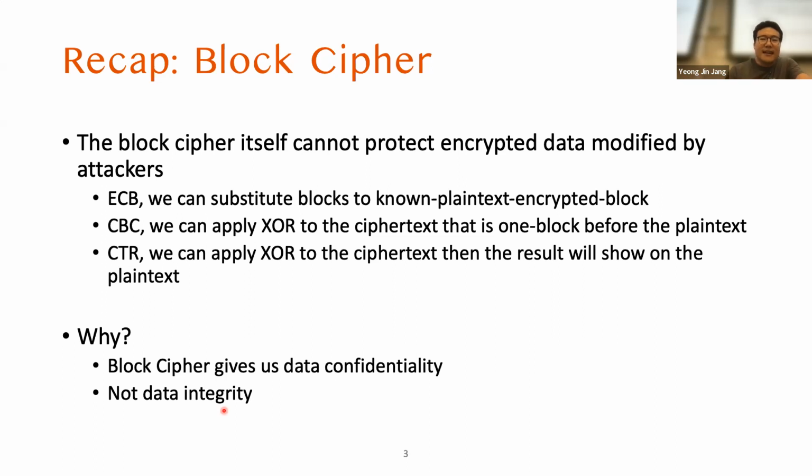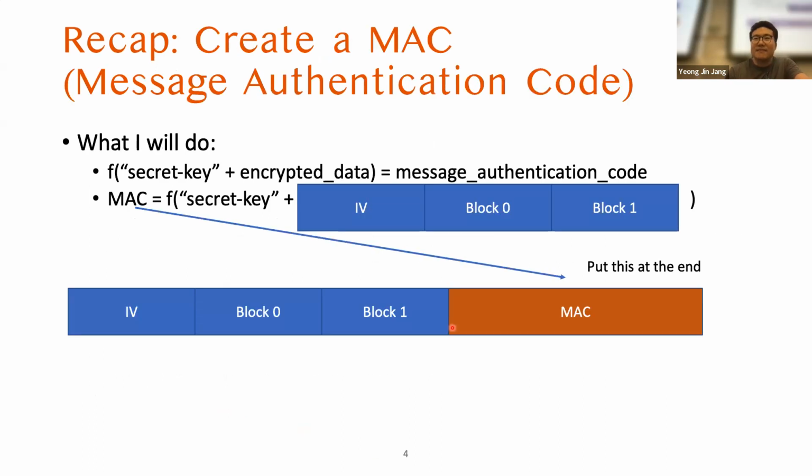To counter that, we studied the cryptographic hash function, function f here. The characteristic of the hash function is that the function is one way. Even if you know f(x) = y, even if you know the y, you cannot guess what was x.